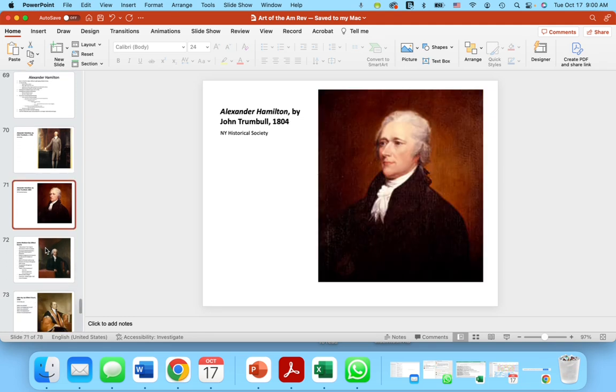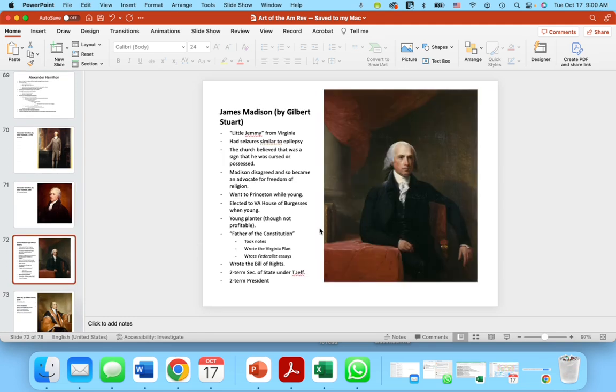Here he is again. James Madison was a Federalist like Hamilton. They wanted a strong central government, and Madison and Hamilton write the Federalist Papers. And then Madison is going to switch sides, really over the Bank of the United States. Hamilton says we should be allowed to make a bank because of the Elastic Clause: Congress can make all laws it considers necessary and proper.